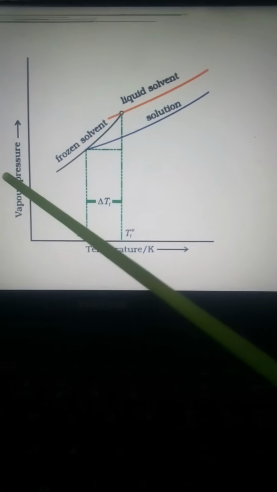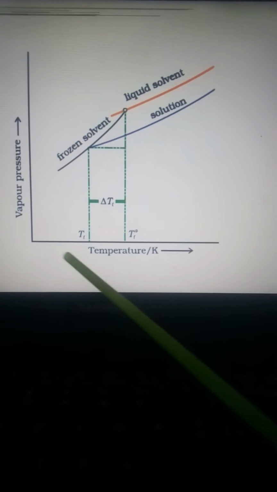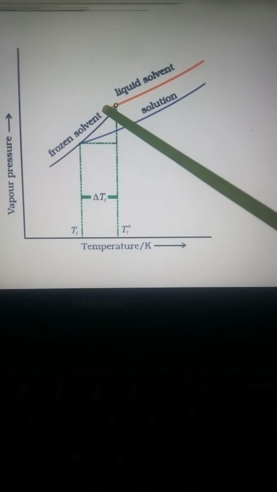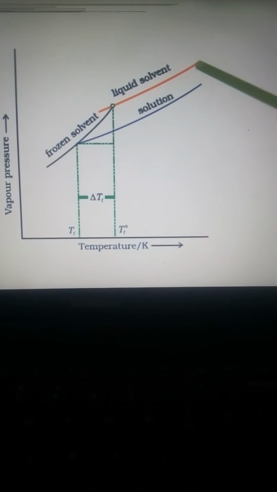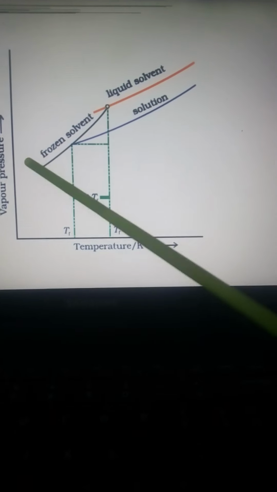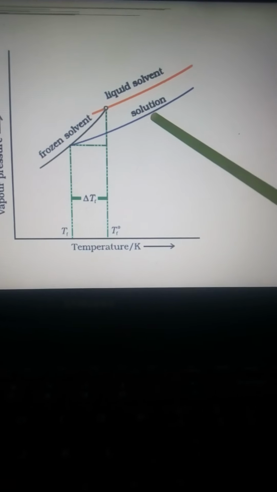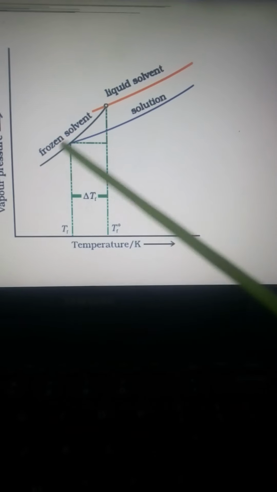It will be very clear if we explain it with the help of this diagram. You see here, this is the vapor pressure and this is the temperature. This curve is for the liquid solvent, this is for the solution, and this is the frozen or solid solvent.